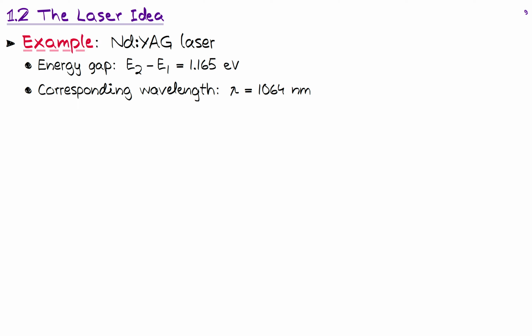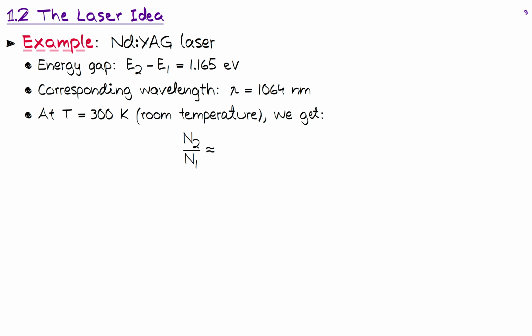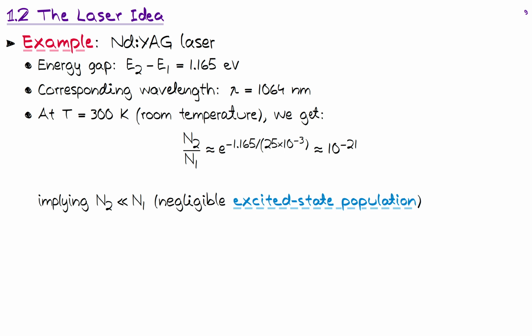This is a very often occurring wavelength in lasers. Then we look at room temperature: if T equals 300 kelvins, we get a ratio of populations of an extremely small value. So the N2 population is extremely small compared to the ground state population.